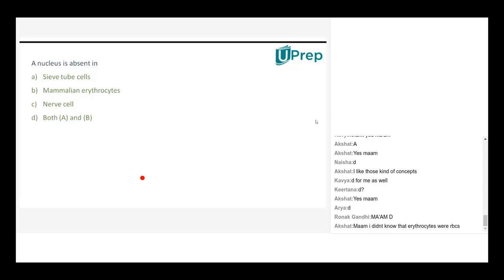Nucleus won't be absent in any cell. First of all, get to that idea. Nucleus you will find in all the cells, whether it is a plant cell or an animal cell. This is the first foremost thing. Why do they ask nucleus is absent in?